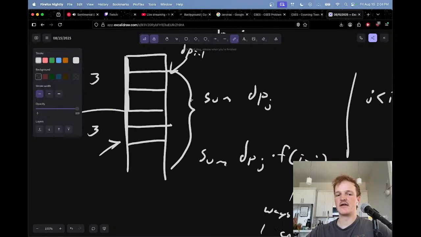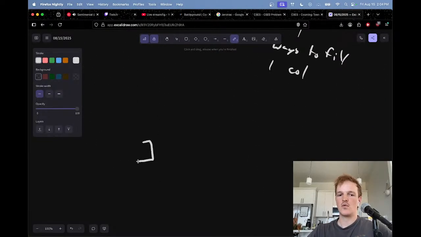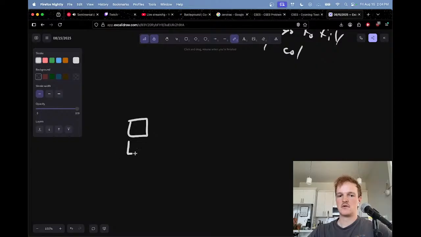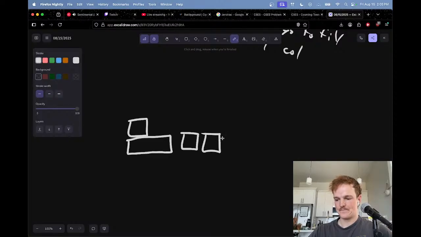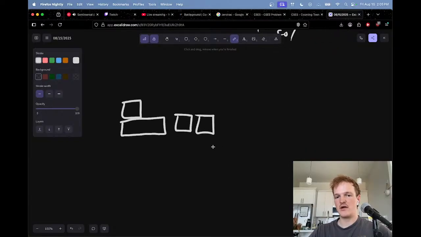So you would say 1, 2, because you could have this or this, and according to my pattern, it's going to be every previous element plus 1. So for 3, I'm expecting that it should be 1 plus 2 plus 1 is 4, which I think checks out.